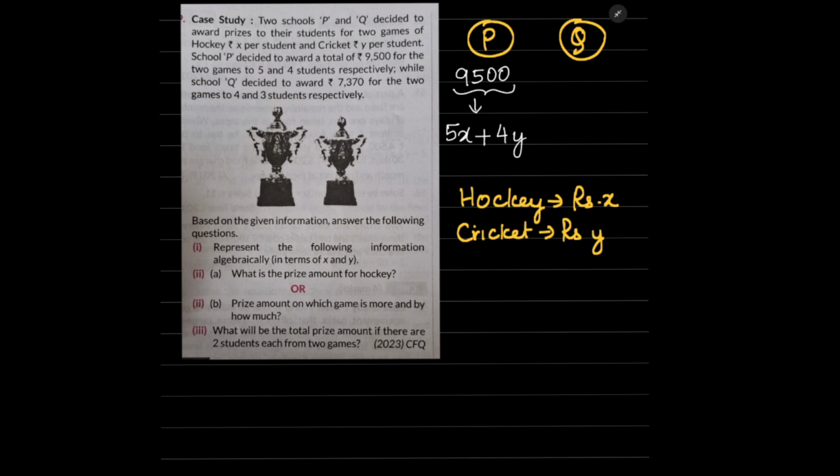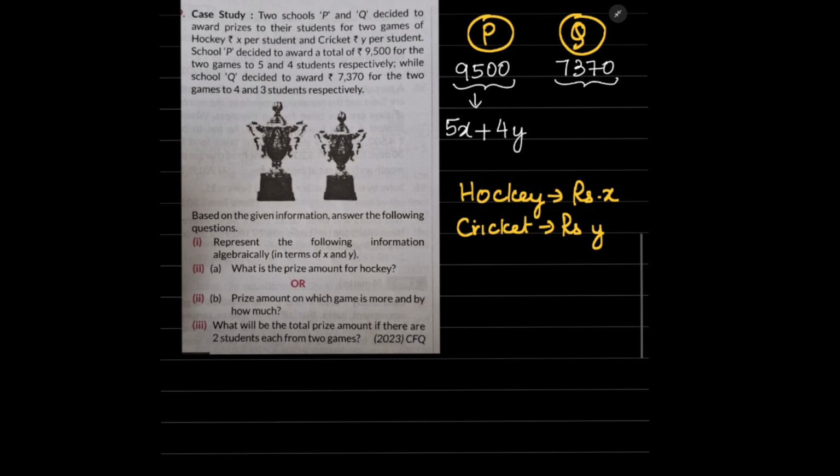The same way, school Q has decided to award a total of 7,370 to 4 and 3 students respectively. 4 means 4 hockey, so 4x plus 3y. Is it clear?